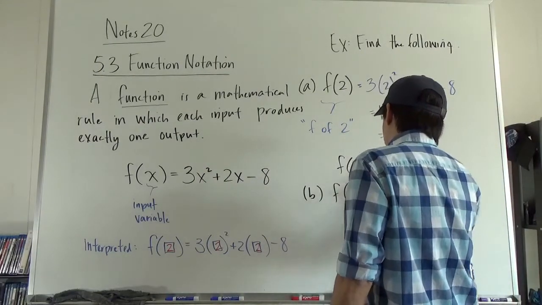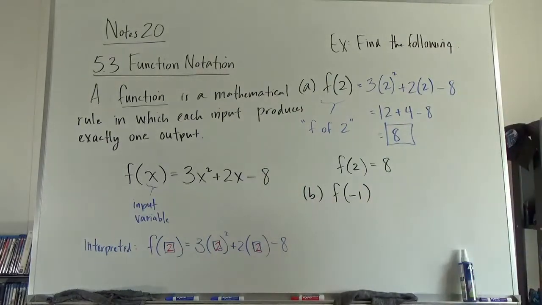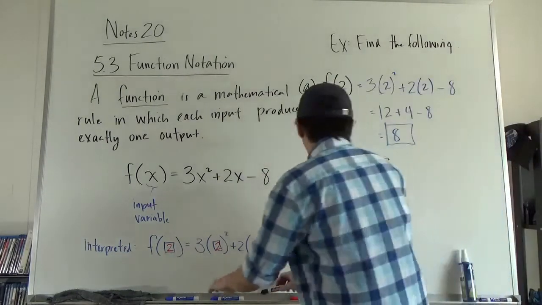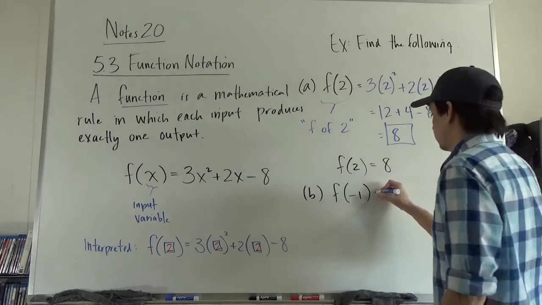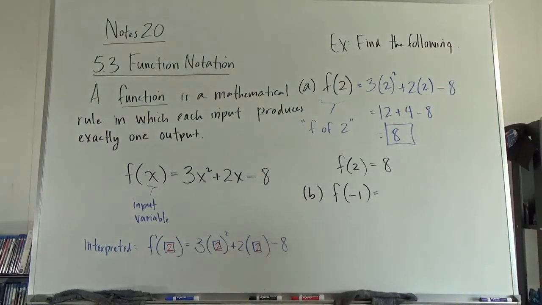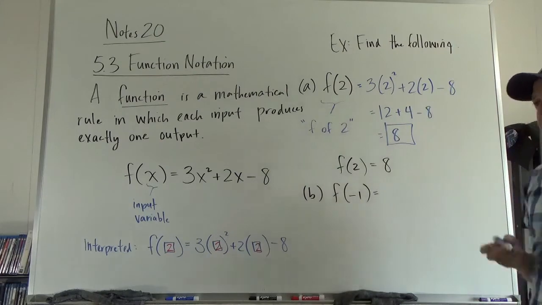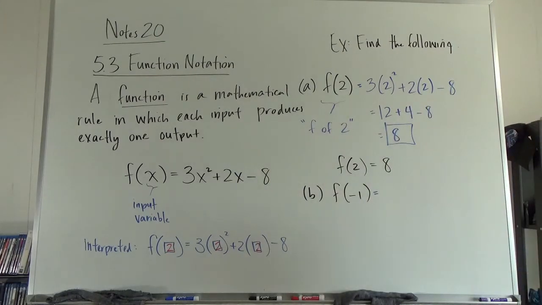We're going to do f of negative 1. Now you have to be careful about negatives, but the principle is the same. We're going to plug in negative 1. We're going to watch the negatives. So I'll see if you can do this. Pause here. Be careful, the negative 1 is going to get squared when you plug it in there. And watch the negative when it's over here, and just watch your signs.